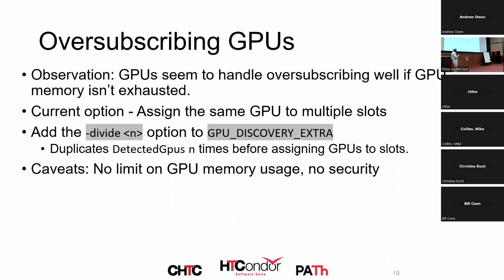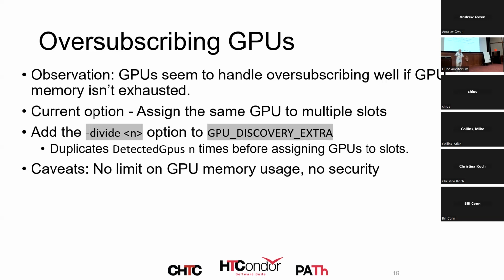The option here is to add a -divide option to the GPU_DISCOVERY_EXTRA knob in the execution point config. And that will just duplicate the same detected GPU UUIDs multiple times before actually assigning those GPUs to slots. The big caveats here are that there's no Condor limit on the amount of GPU memory each job can use.